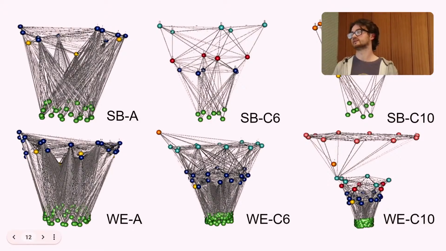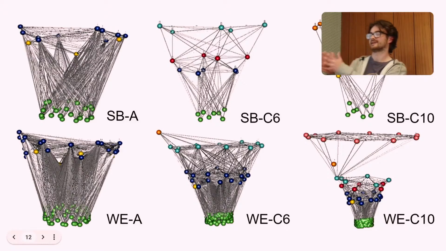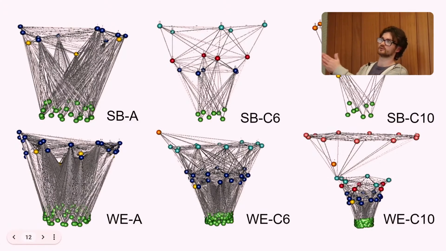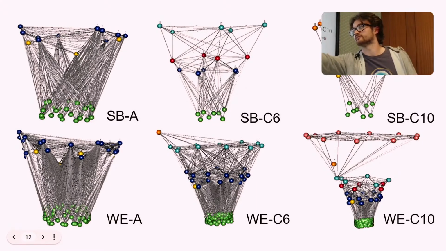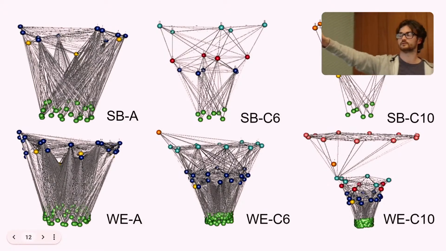To give an example, as the size rules become more restrictive, organisms are forced to not be able to interact with increasingly more organisms. So this orange dot here at the top for the middle web, that's Temnodontosaurus.